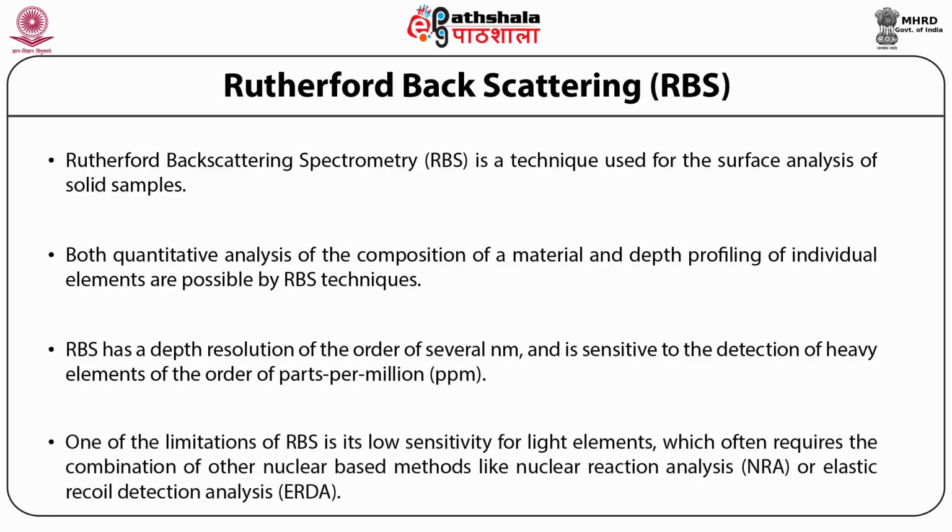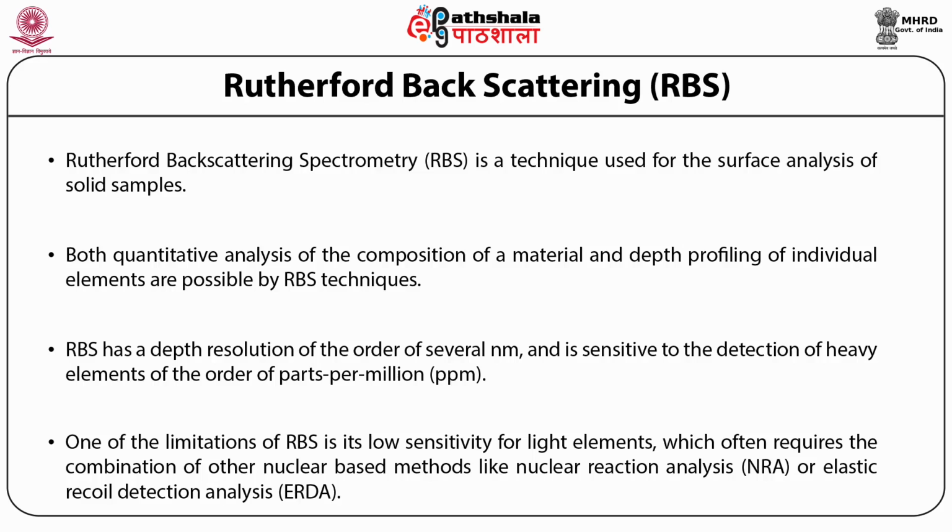One of the limitations of RBS is its low sensitivity for light elements, which often requires the combination of other nuclear-based methods like nuclear reaction analysis, abbreviated as NRA, or elastic recoil detection analysis.